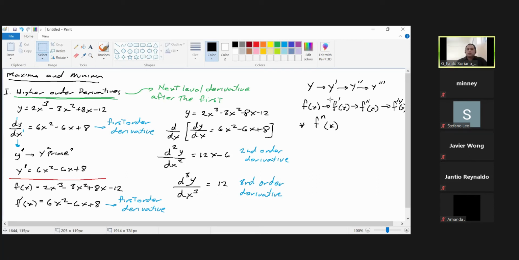Okay, so these are just some notations, because since we are doing derivatives like this, I do not want to keep on writing it this way. So if I ask you to find, for example, I have here f of x is equal to 2x raised to 4 plus 7x cubed plus 3.